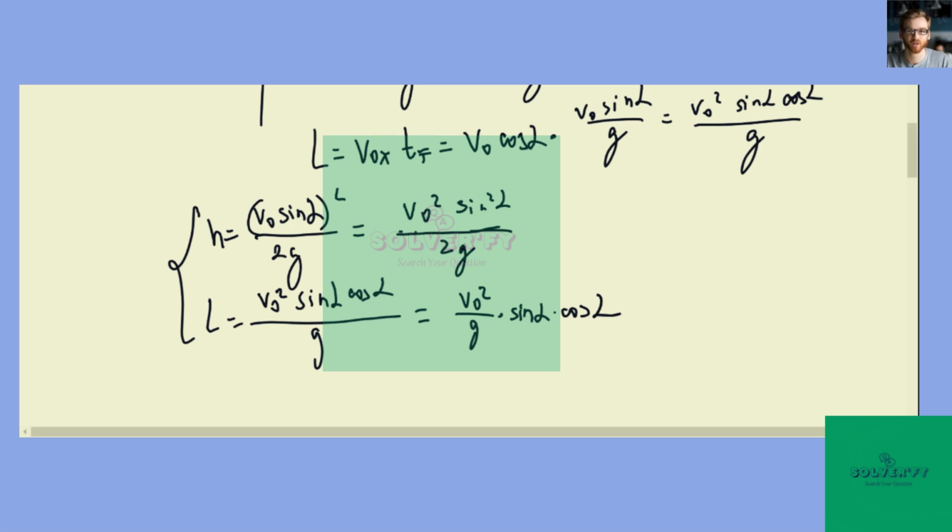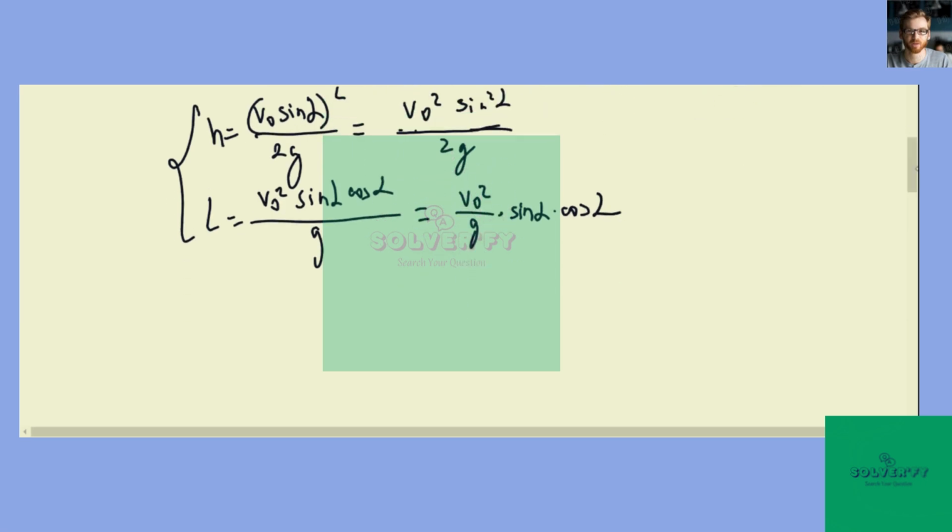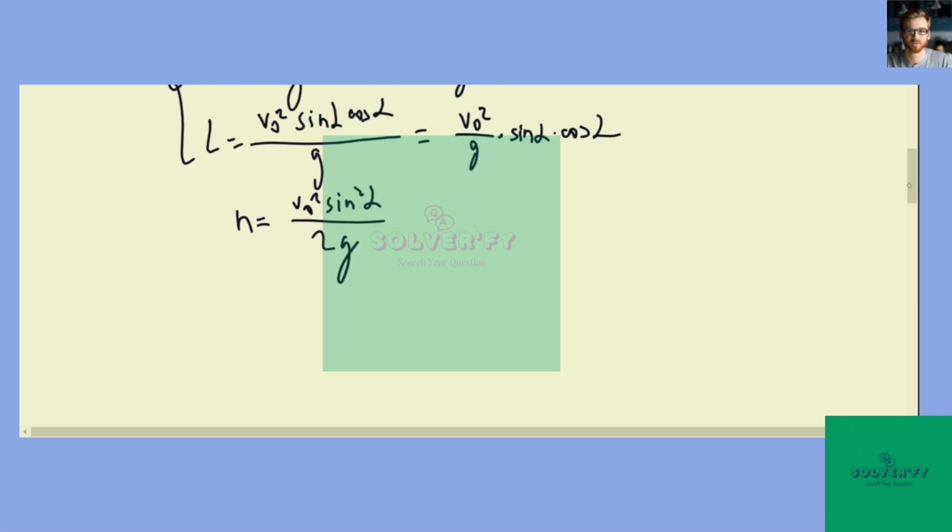Yeah, let's express v0 squared over g from the second equation, and then substitute it in the first, because here we likely need to solve a trigonometric equation, and we'll just try to optimize it. So from the second equation, v0 squared over g equals L over sine alpha cosine alpha.